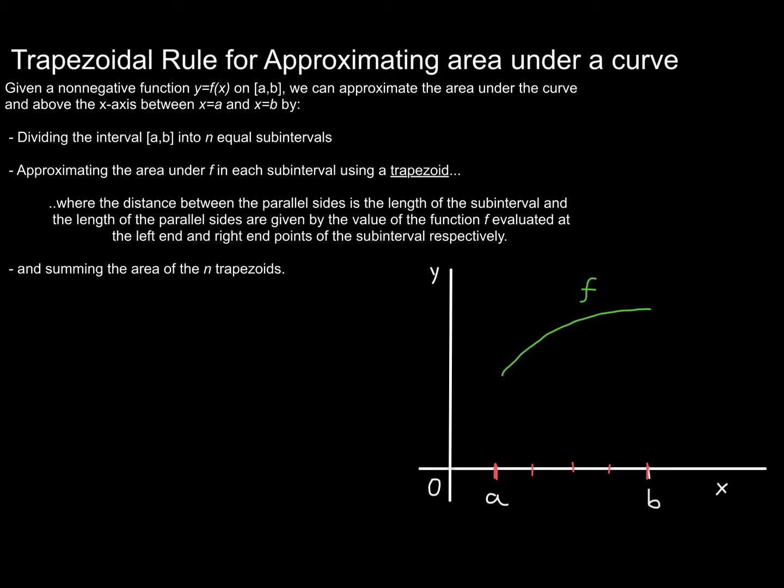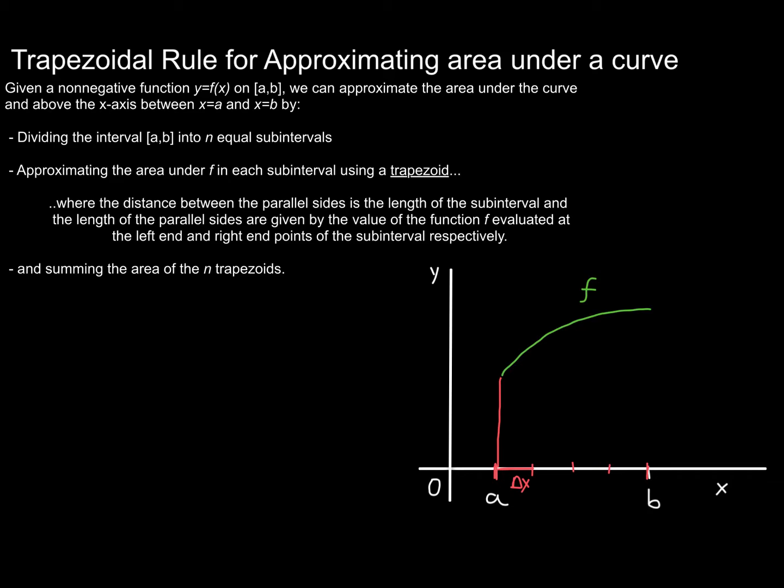I'm going to have 2 parallel side lengths coming down here, and the distance between them is just the length of the subinterval, and we call that, of course, delta x. We're used to that notation. And then the length of the parallel side lengths are going to be given by the value of the function f evaluated at the left and right endpoints of the subinterval, respectively. So the left endpoint of this first subinterval is going to be the value of the function right here.